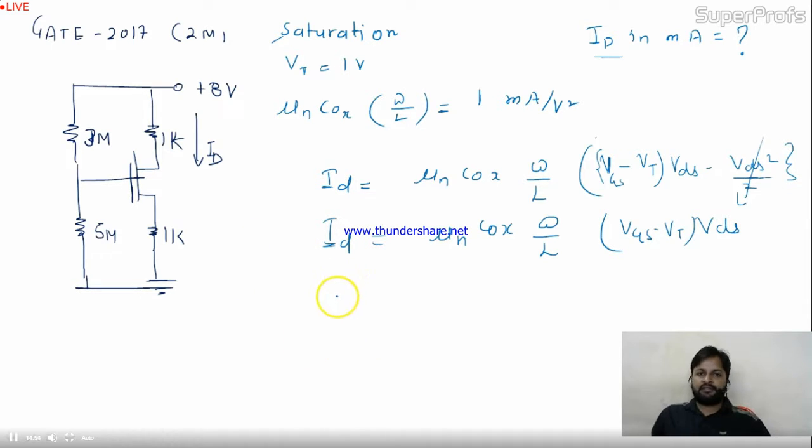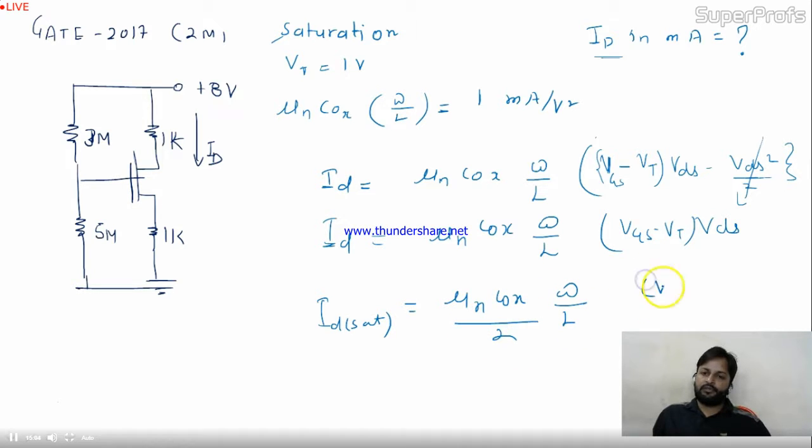But saturation is given, right? So in saturation, the formula is mu n COX W by L divided by 2 into VGS minus VT whole square. This is the condition for saturation. So everything is given in this. ID saturation. They're asking for ID only.